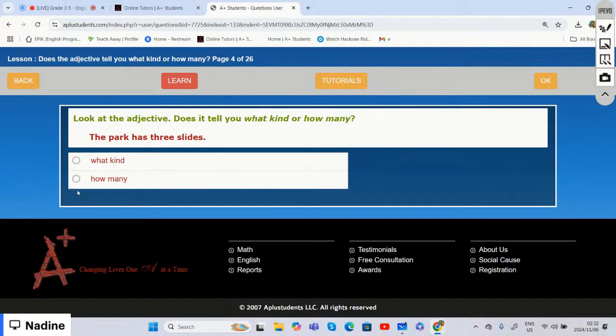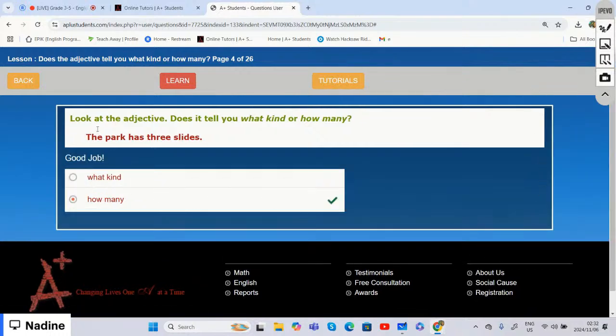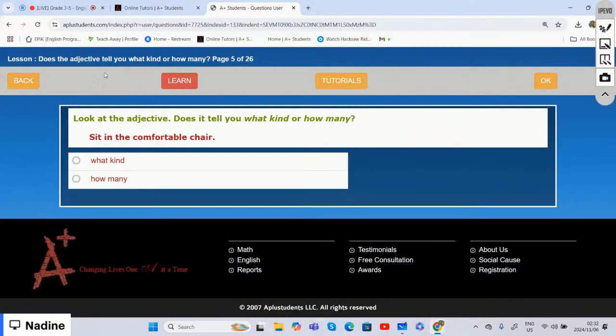All right, and then we can say the park has three slides. So that is how many slides does the park have? Well done.